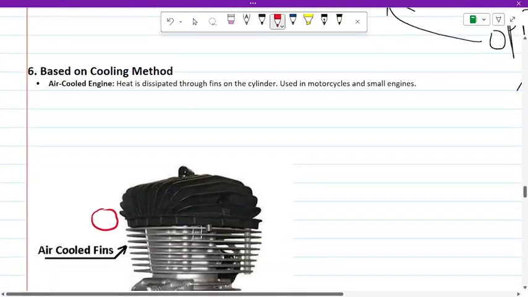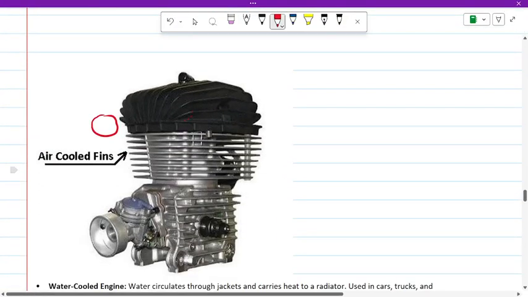Opposed type. Based on the cooling method, as you can see for two wheelers, air cooled fins are there. I have discussed so many times that these plates are used to increase the heat transfer from the cylinder to the environment. The air will come, take the heat and go away from the cylinder.